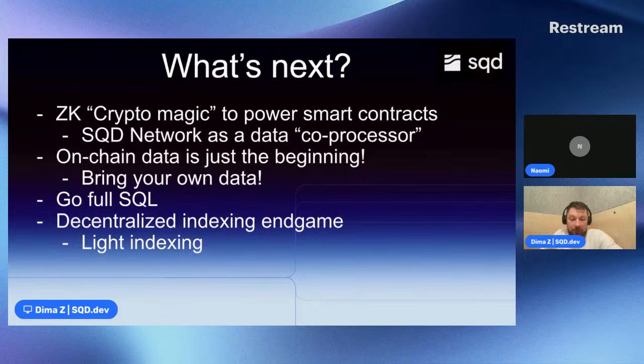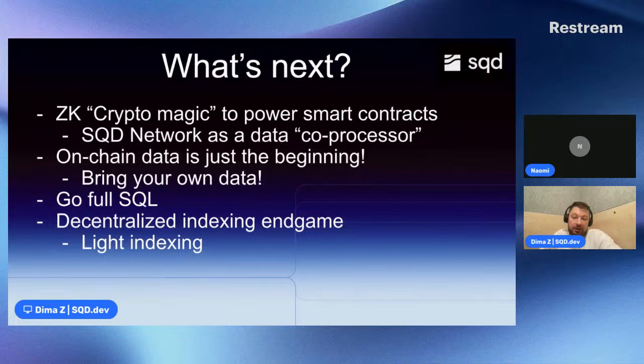Further, we want to extend the current filtering language to a full SQL, basically turning SQD network into a true distributed database with all the nice Web3 properties, namely fast and decentralized access to the data.